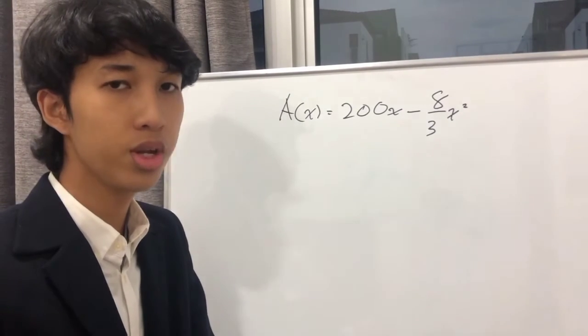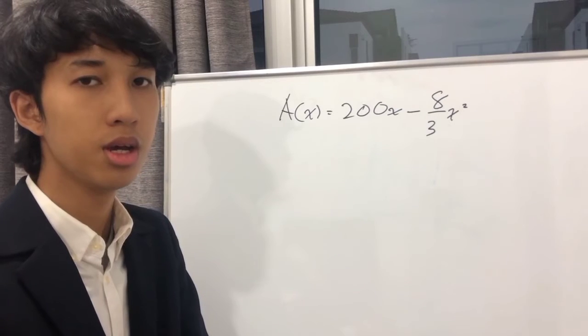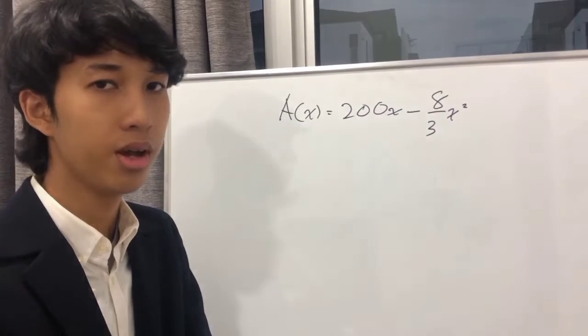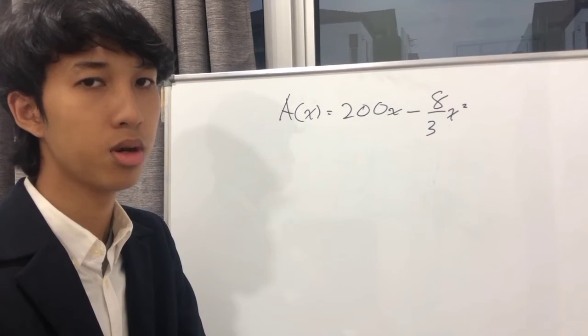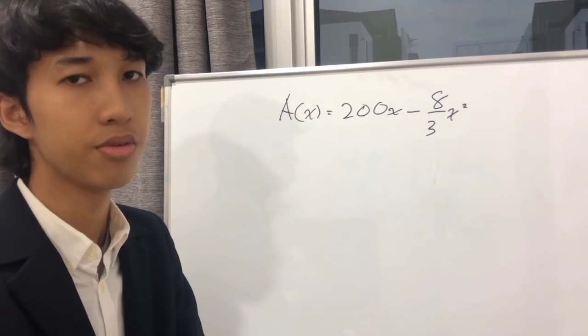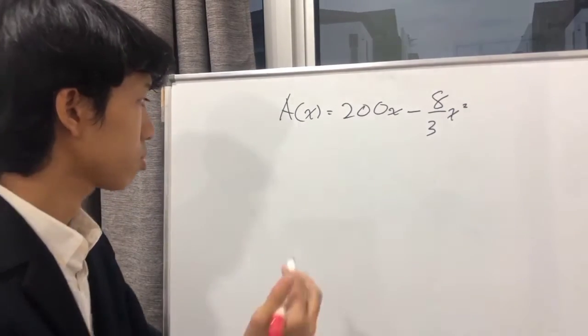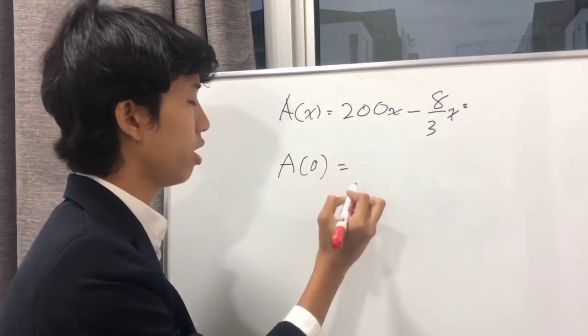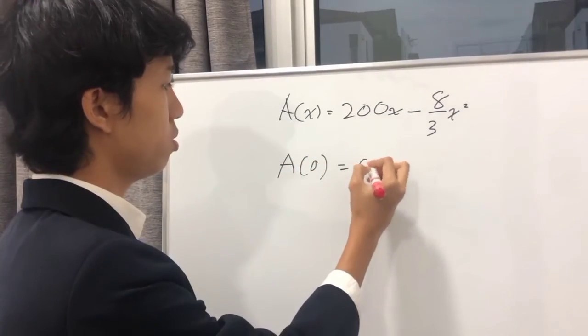In the last calculation, we need to evaluate the function at the critical number 37.5 and at the endpoints of the interval, 0 and 75. If the value of x is 0, the area will be 0.